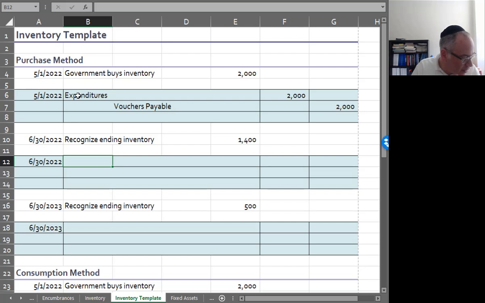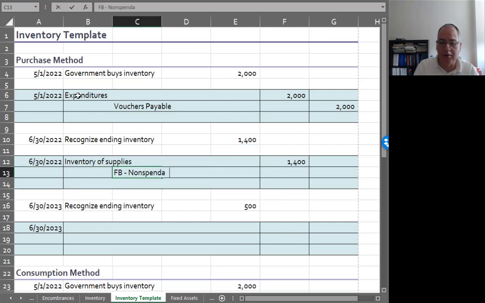And then when they recognize ending inventory, they would just immediately write it all off as an expenditure. And then they count up the inventory at the end of the year, and they see there's $1,400 there. So they're going to debit inventory of supplies for $1,400. And they're going to credit fund balance non-spendable for $1,400 because you can't spend supplies.